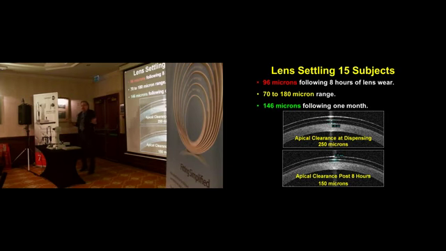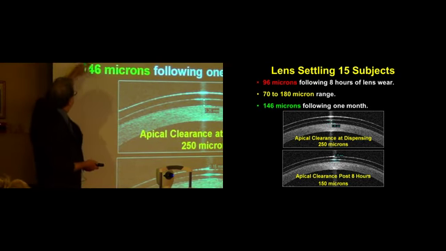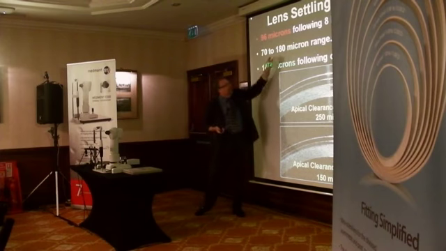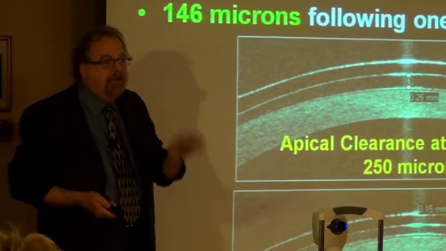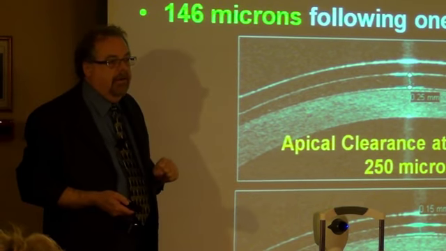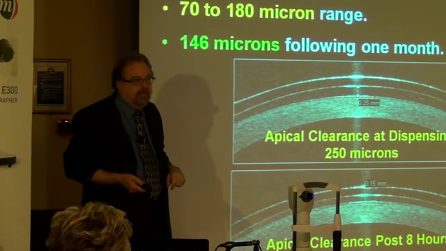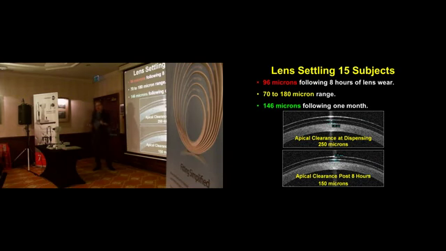Well, as with all anatomical features you and I deal with every day, there's a wide range in this settling effect. That range can go from 70 microns of sinking all the way up to 180 microns. The average is right around 100 microns. However, in follow-up studies after 1 month of lens wear, we average about 146 microns, or call it 150 microns, of this lens settling.